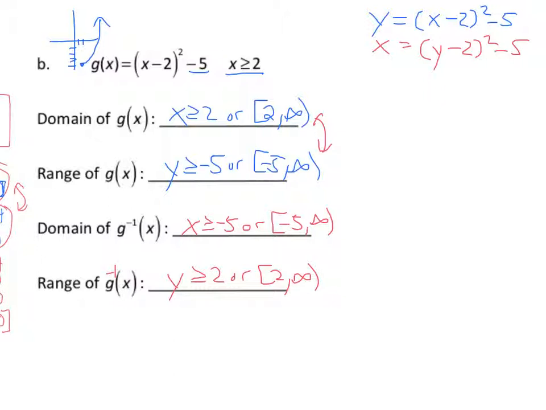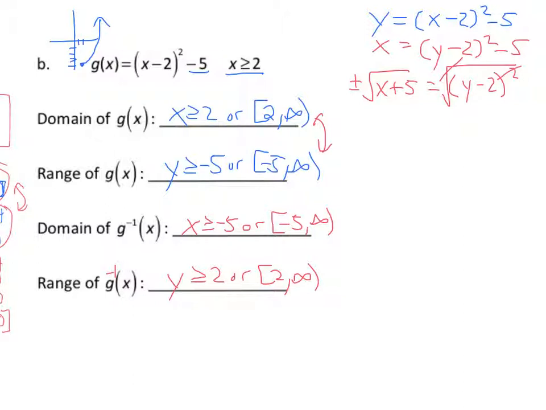So I would add 5 to both sides and get x plus 5 equals y minus 2 squared. Next I would square root both sides to get rid of the square, and I have to remember to put plus or minus on this side. The square and the square root cancel.